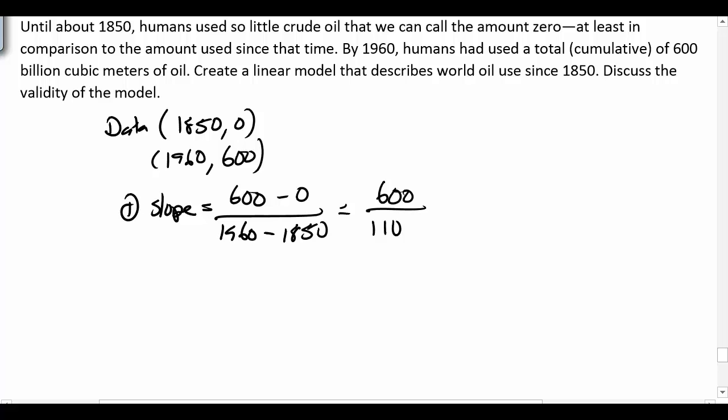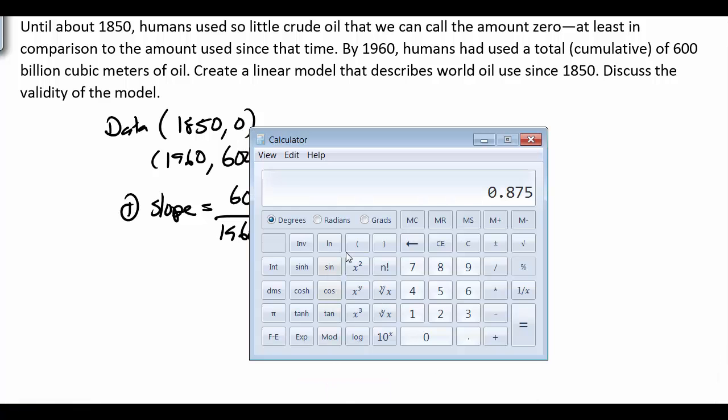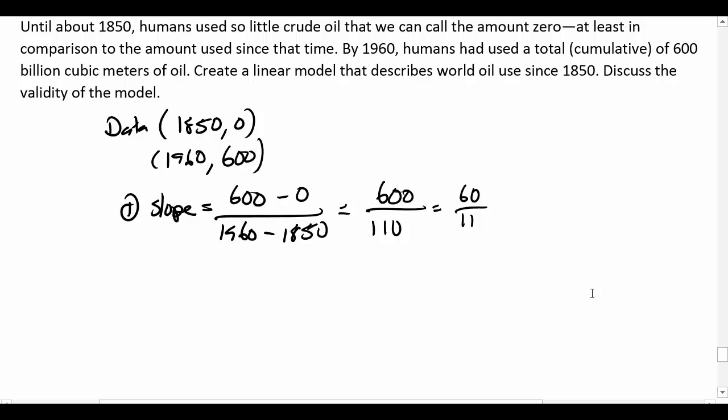We can reduce that down a little bit, so we have 60 over 11. Let me see if I can get a nice decimal out of that on a calculator. 60 divided by 11 is 5.45. I'm going to leave it at 60 over 11 for now, since I don't have a nice even decimal.